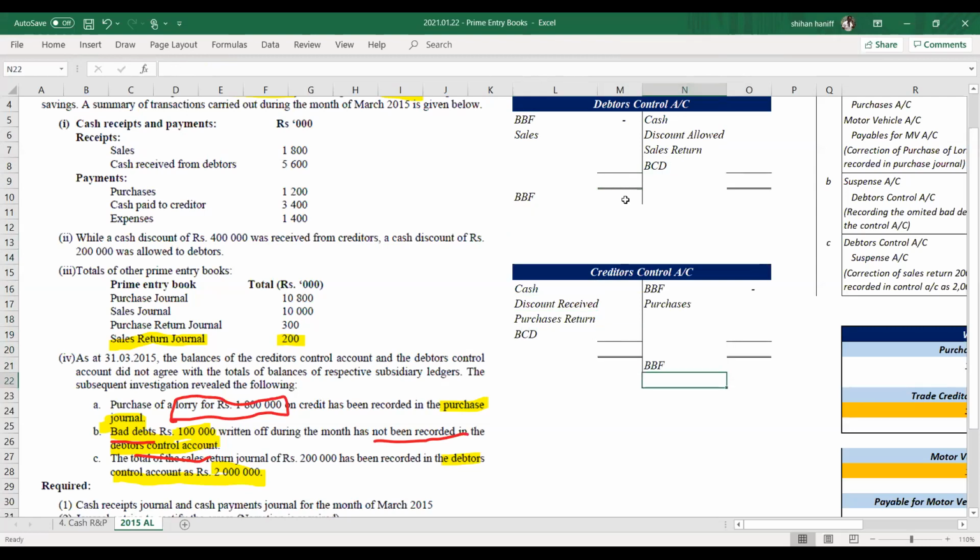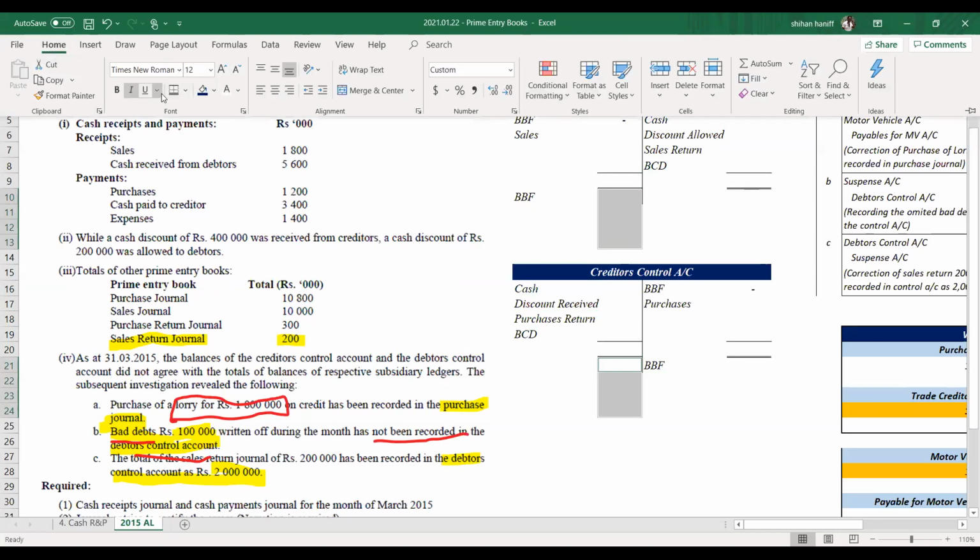And after that, we have to do the revised control account for debtors and creditors.